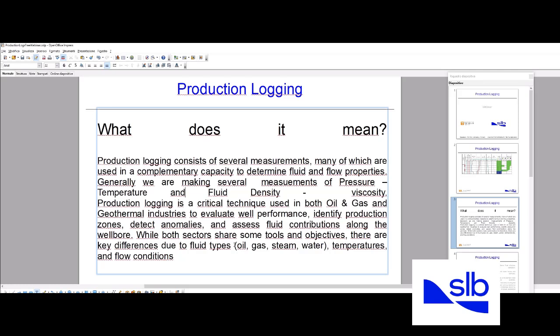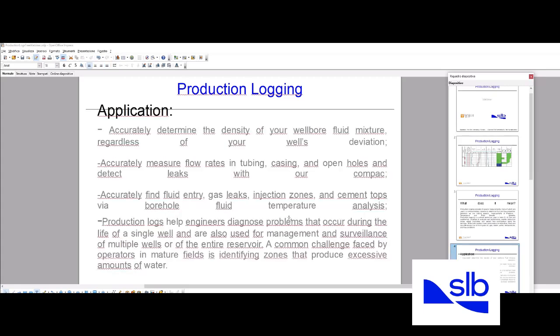There is application also for different types of fluids in oil and gas, steam, and water, and to establish also the temperature and the flow contribution. There are specific applications like determining the density of your wellbore fluid mixture, especially when we have different physical phases, like in the geothermal case, regardless of your well's deviation.